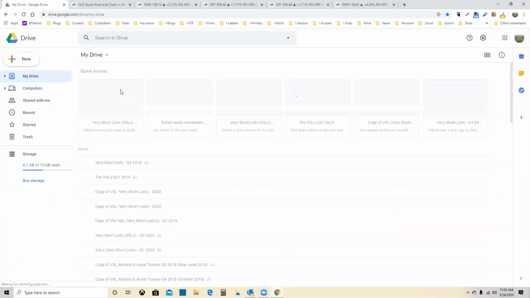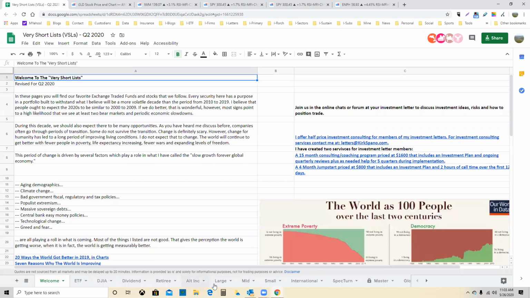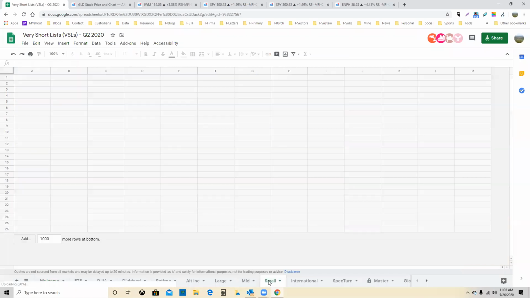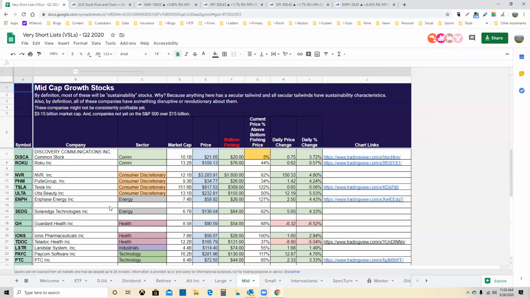Pull up. I changed the tabs a little bit so that you didn't have to scroll so often. Where do I have end phase? Small or large? Mid. There you go.